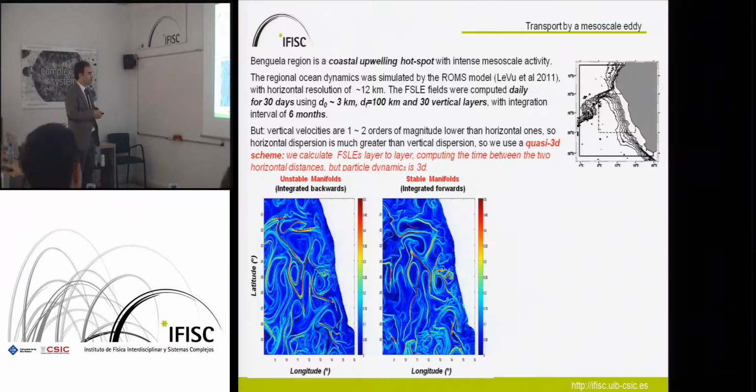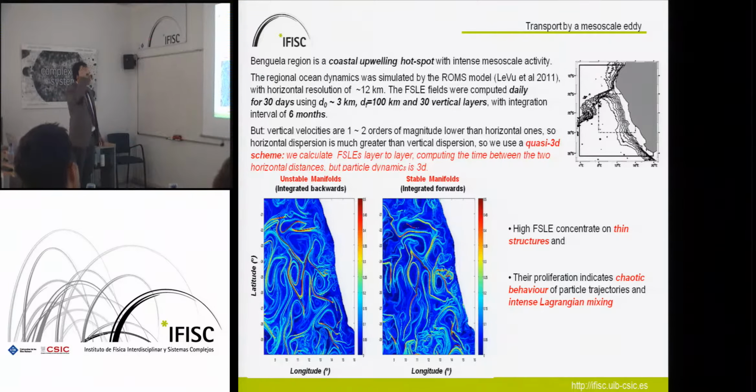So again, I'll start by showing you the FSLE field. Here it is at the horizontal layer taken at 100 meters depth. Well, you can see, so this is integrating backwards. We have the unstable manifolds and the attracting structures. Integrating forwards, we have the repelling structures.